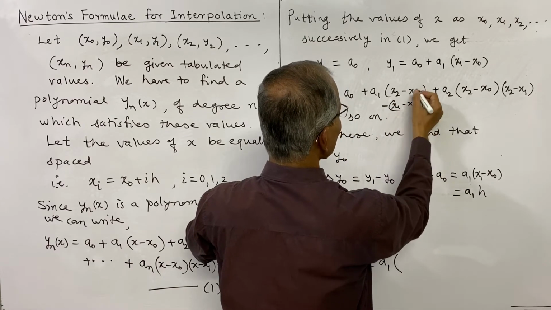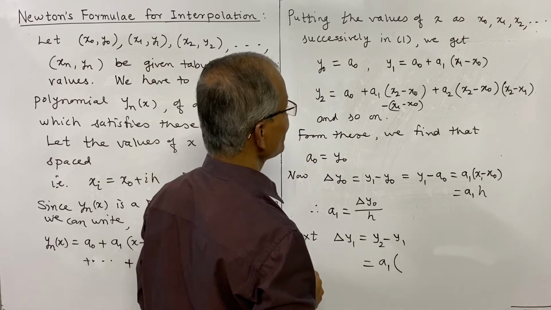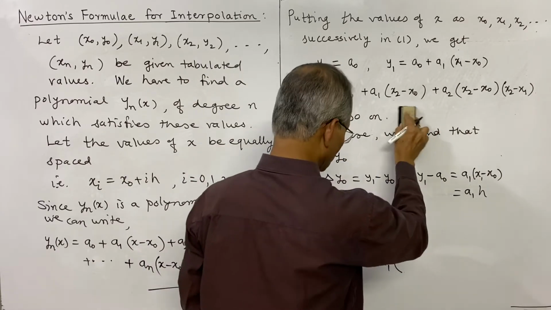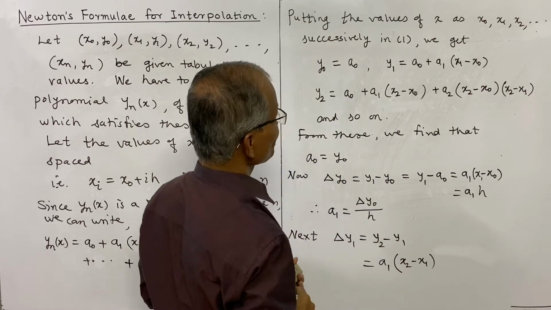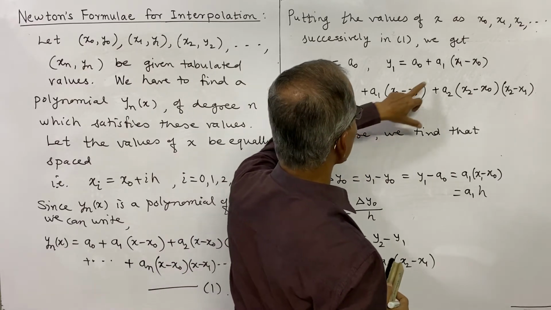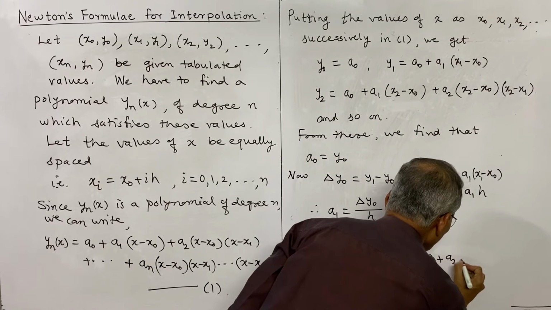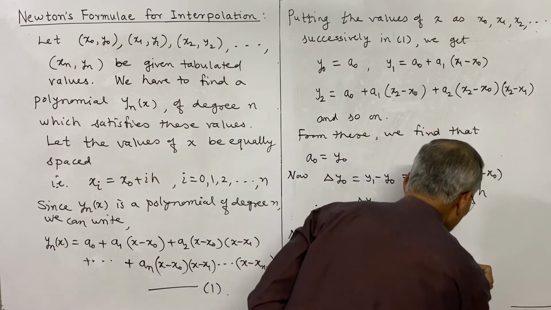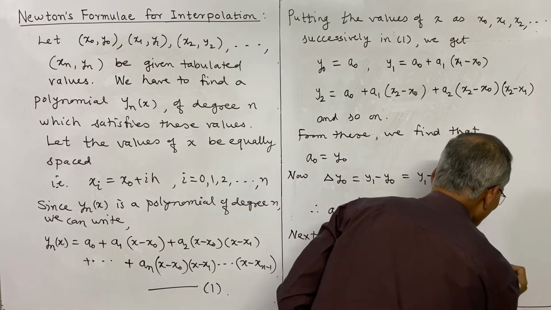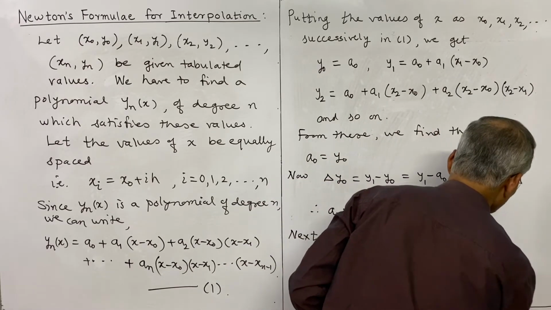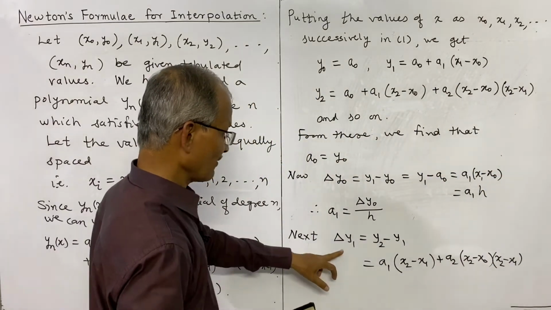So x0 cancels in this subtraction, and what is remaining is x2 minus x1. x2 minus x1 will remain, and these two terms we have subtracted, and this remains as it is, plus a2, and this is x2 minus x0, and that is x2 minus x1. So thus this is delta y1.